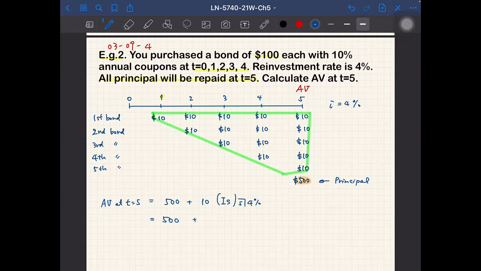I will explain this later, but remember that this is (1 plus i) times the (a right angle 5 at 4%) minus n times v to the power n, so minus 5 times v, where v is 1.04 inverse, to the power 5, and then divided by 0.04, the i.